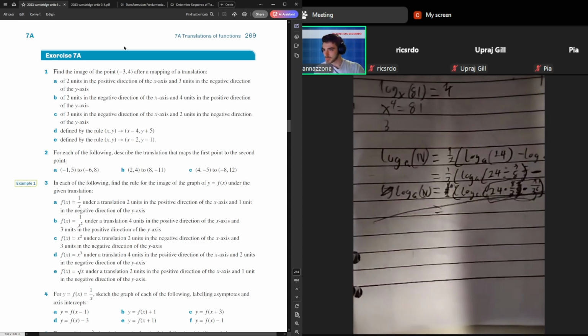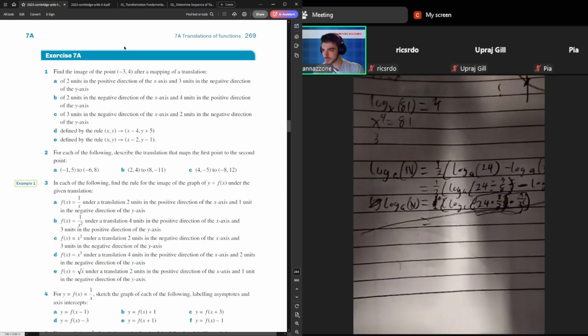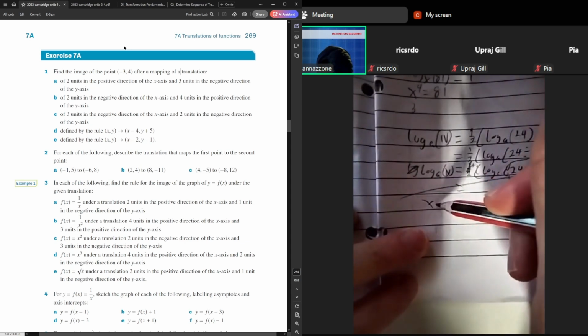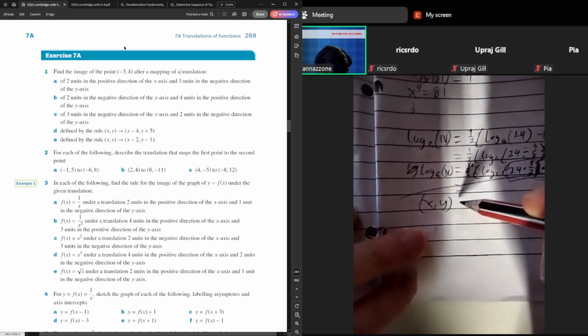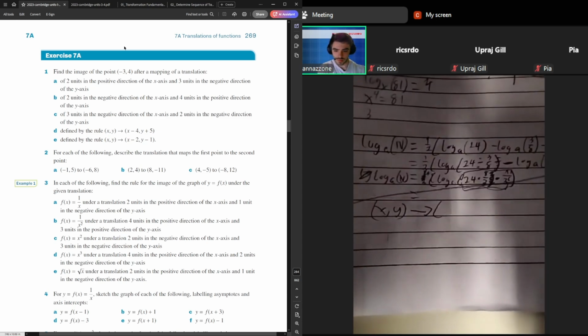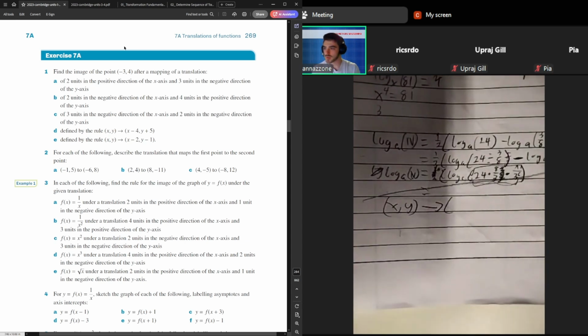So if we have the point -3, 4, you can think of that as your x and your y, just regular old xy. You're then transforming that into a certain thing. In the case of 1a, we're doing 2 units in the positive x and 3 units in the negative y.